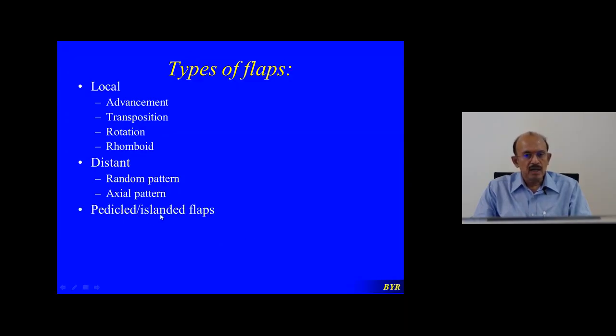Then pedicle or island flaps, free flaps, composite flaps, perforator flaps. So these are the various types of flaps, and I will explain one or 2 points about each of these flaps so that you can understand the basic concept of taking the flaps.